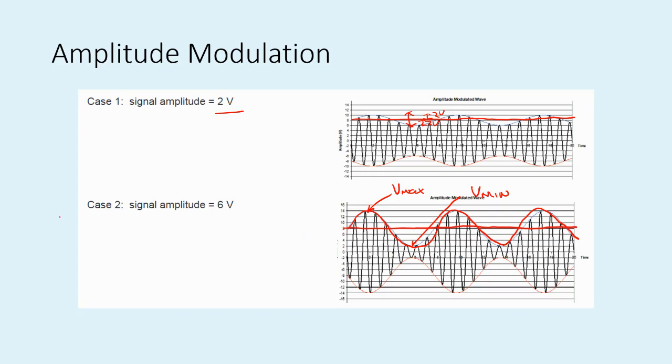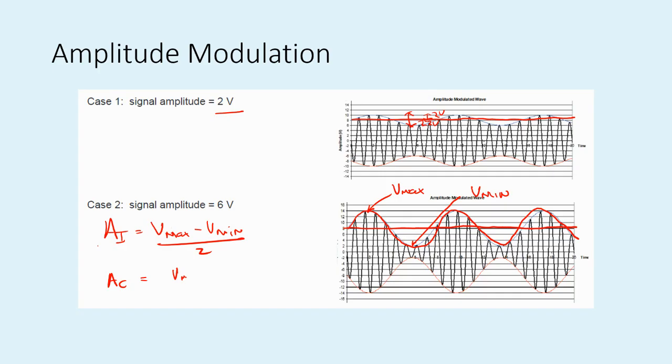If we want to work out the information amplitude, then we need to work out what half this is. So that is Vmax minus Vmin, but we want half of it because we don't want to go peak to peak, we just want half of that.